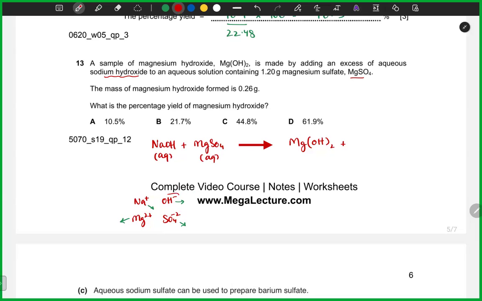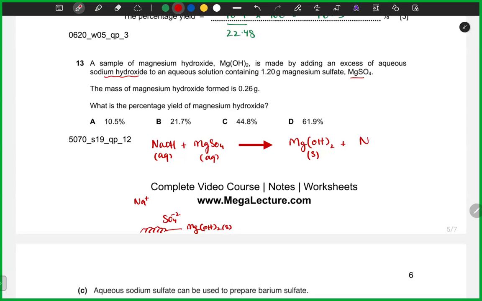They start forming an insoluble crystal. So you start seeing a solid forming at the bottom. That's a precipitate, and that precipitate is of Mg(OH)2. That's why it's called precipitation.